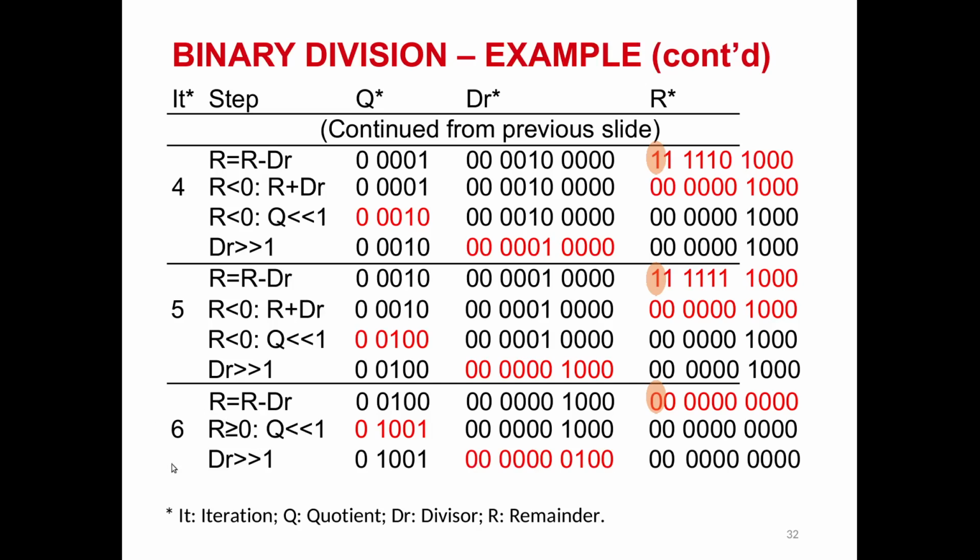And here we already get to the 6th iteration, and it is the end of the algorithm, and so the final result in Q will be 0 1 0 0 1. The remainder is all 0, so we can see that the result is 9 in decimal.